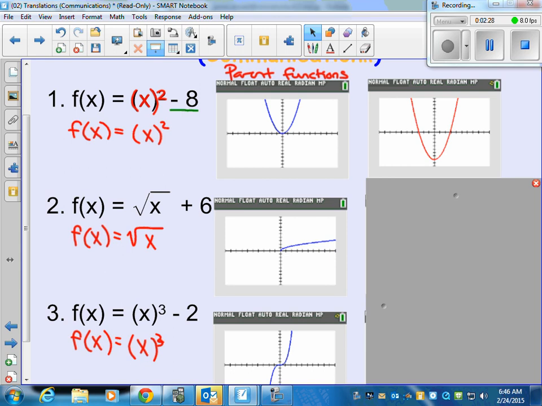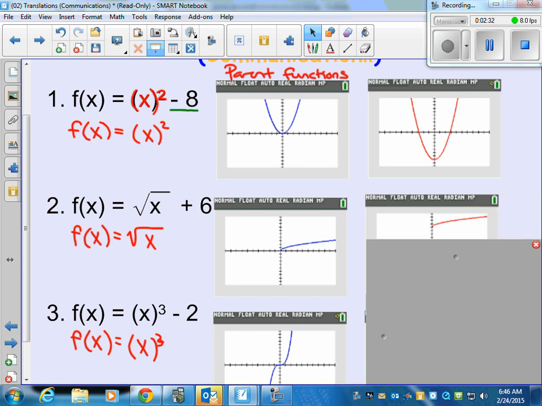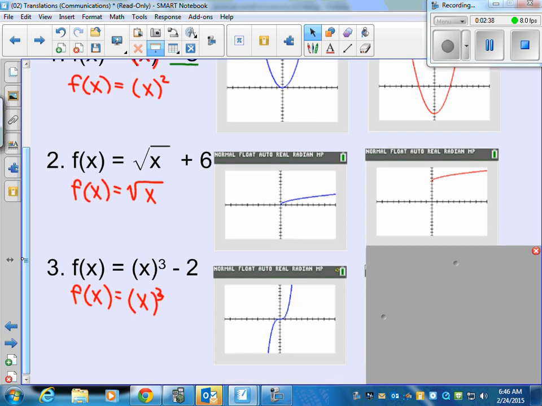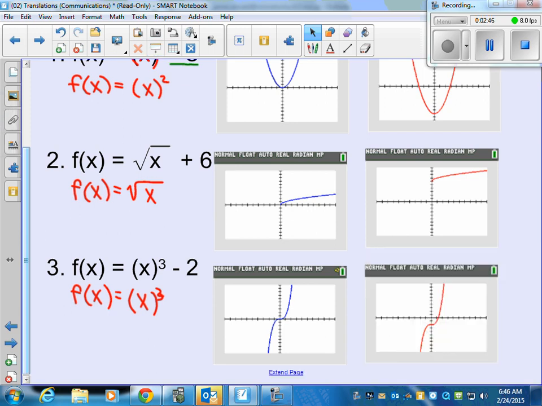In the second equation, we've got a plus 6 on the outside of the parent function, and we can see that it has moved up 6 spaces. In the last graph, we have the parent function minus 2 on the outside, and the 0, 0 point where it levels off has moved down too.